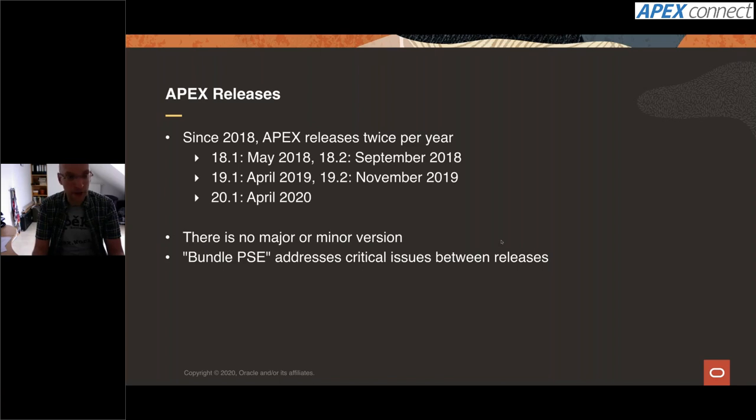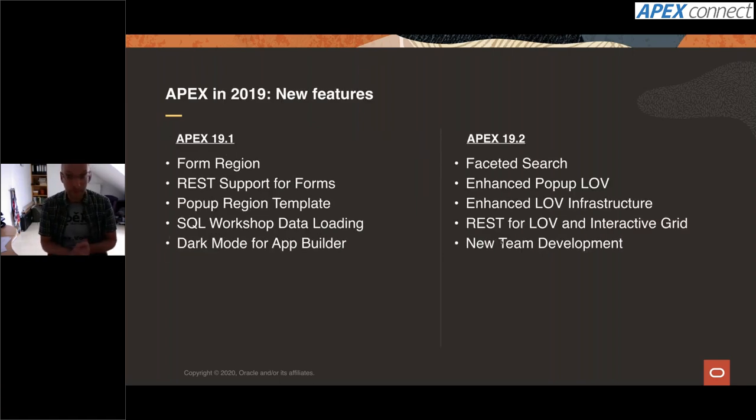On the APEX download page, the bundle PSEs are listed for 20.1. There is no download available yet. Once we have the first issues and the first patches, we will make a bundle PSE for 21 available as well, right?